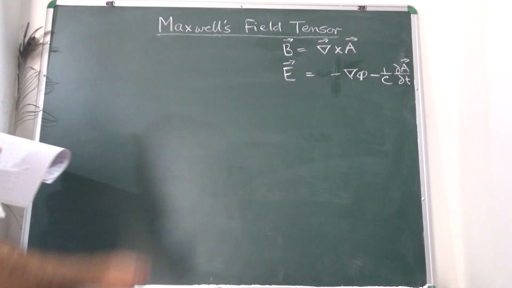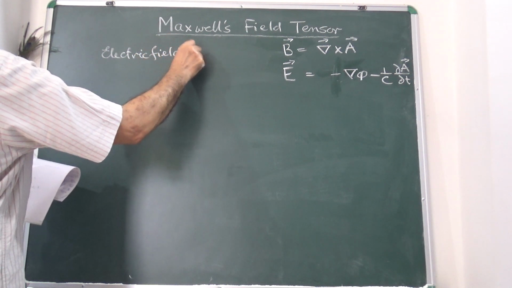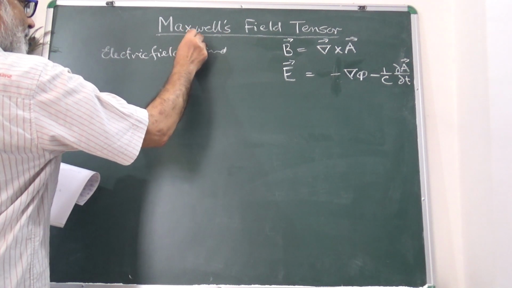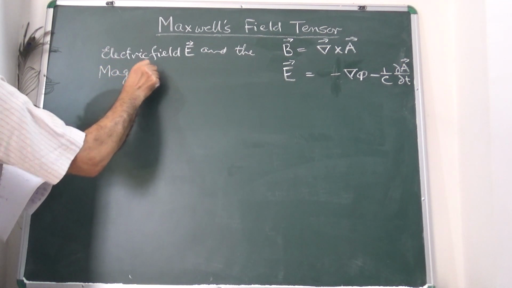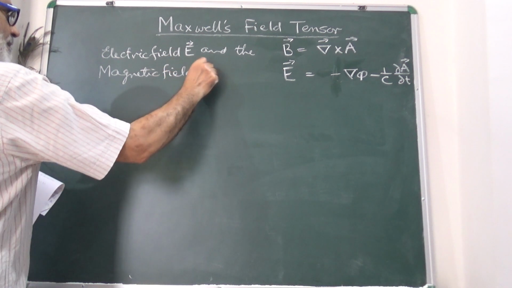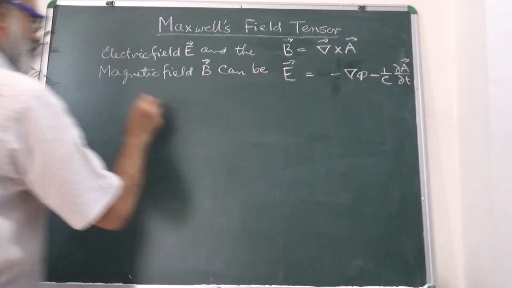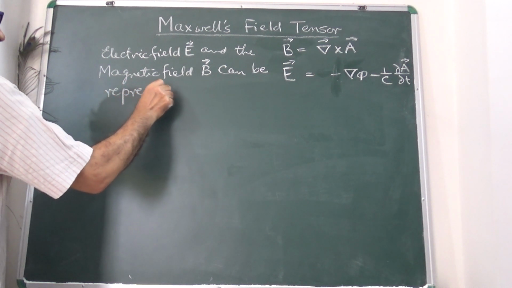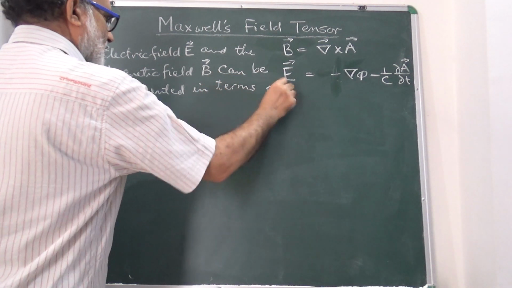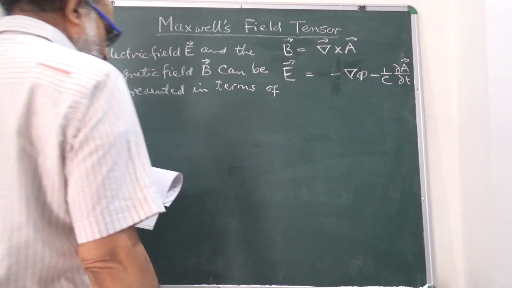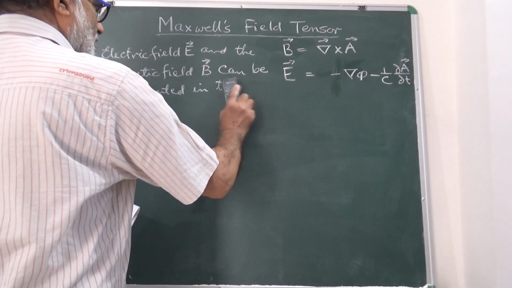Now the electromagnetic field tensor: the electric field E and the magnetic field B can be represented in tensor form.